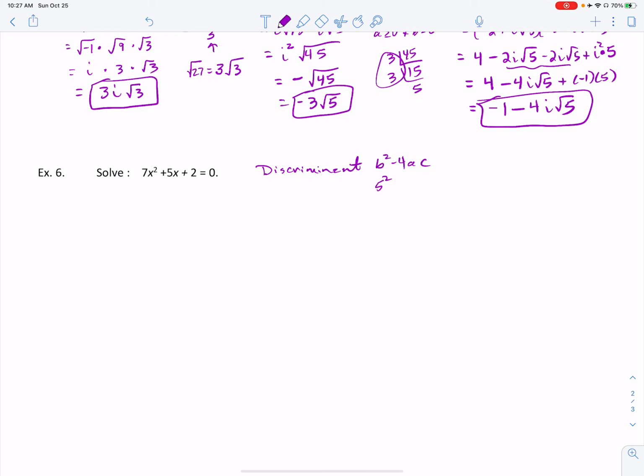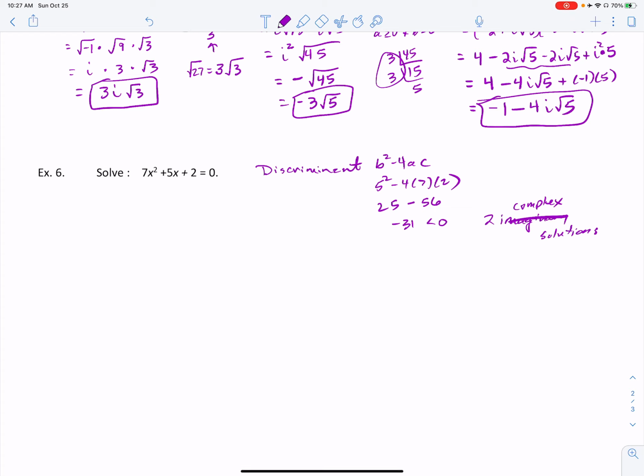And if you take that 5 squared minus 4 times 7 times 2, so we've got 25 minus 56 is a minus 31, which is negative. That means that there are two imaginary solutions, or complex, I should say, solutions.